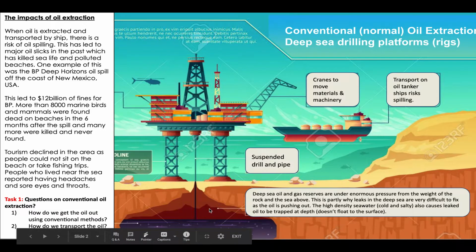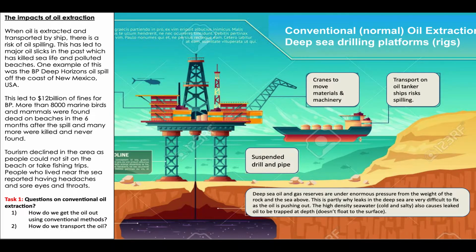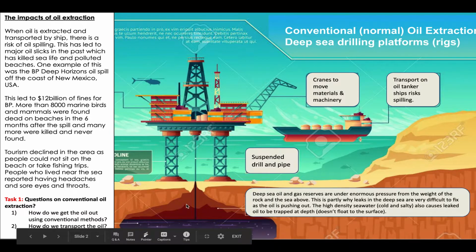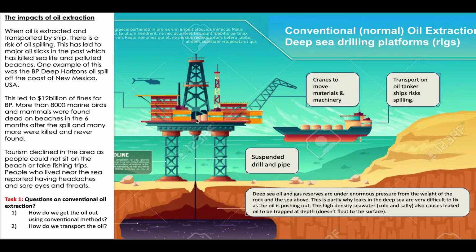Now, when you make a hole in that, just like if you were to accidentally poke a hole in a can of Coke, it all comes spraying out. So the oil that is in here is under huge pressure and it's trying to escape up the pipe. Now, the pipe is obviously designed to control the flow of the oil so that it can be transferred onto the tankers and then taken away. You don't want an uncontrolled flow of the oil, but where that happens, you end up with a leak.